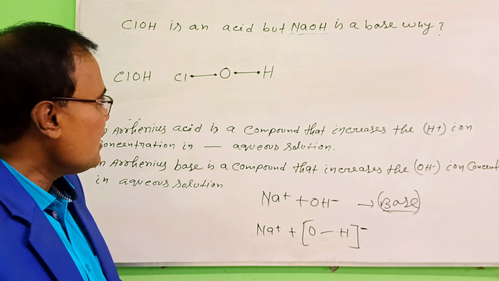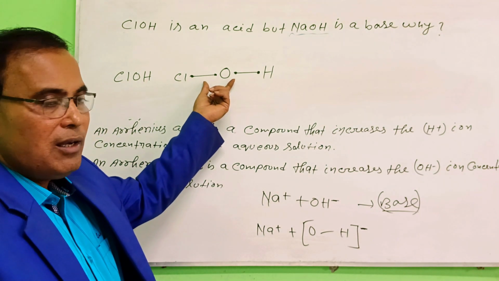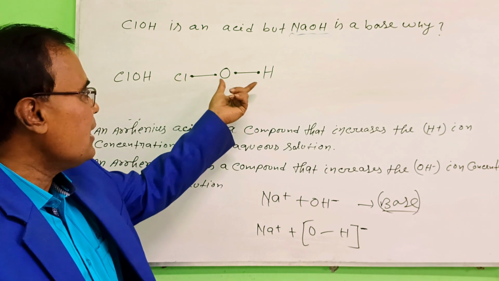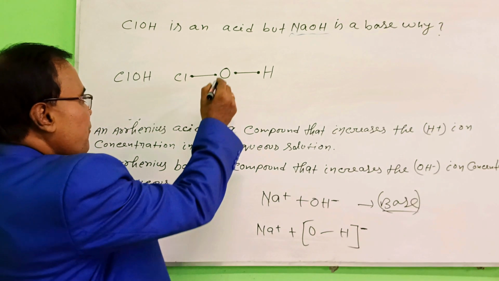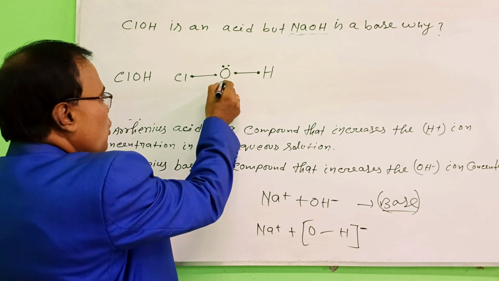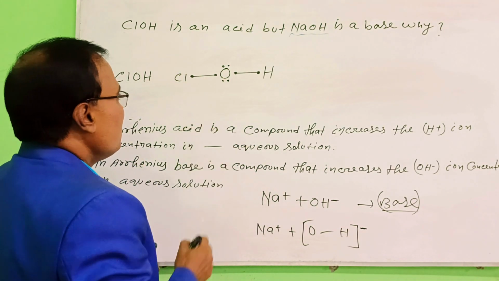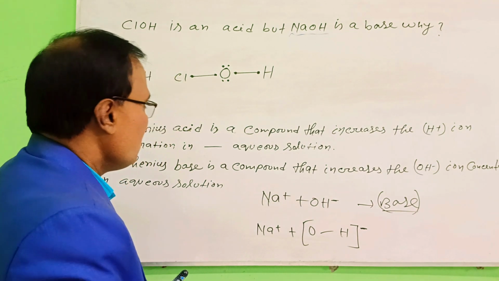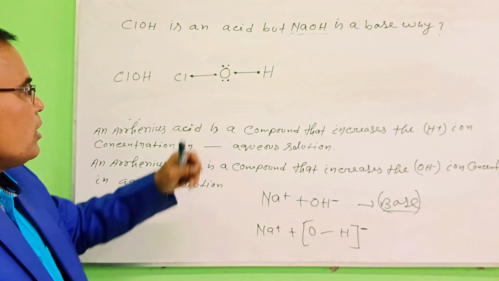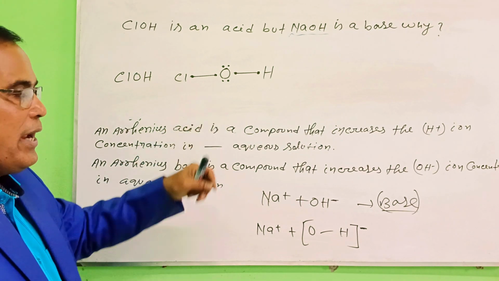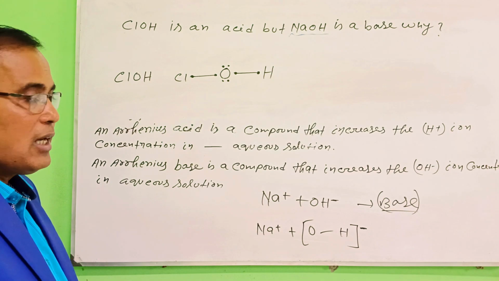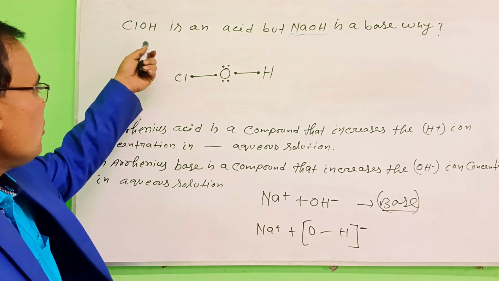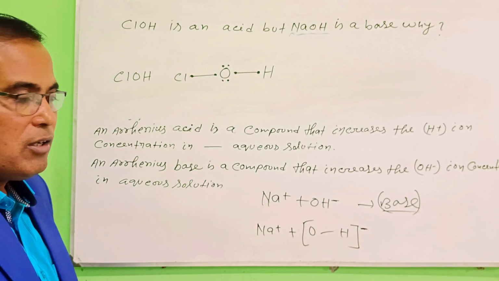The central atom oxygen has also filled its octet by sharing 2 electrons, with both chlorine and hydrogen. The remaining 4 electrons, that means 2 lone pairs, are present on the oxygen atom. This is the Lewis dot diagram of ClOH. It is a covalent compound, but this does not give a complete idea of why ClOH is called an acid.